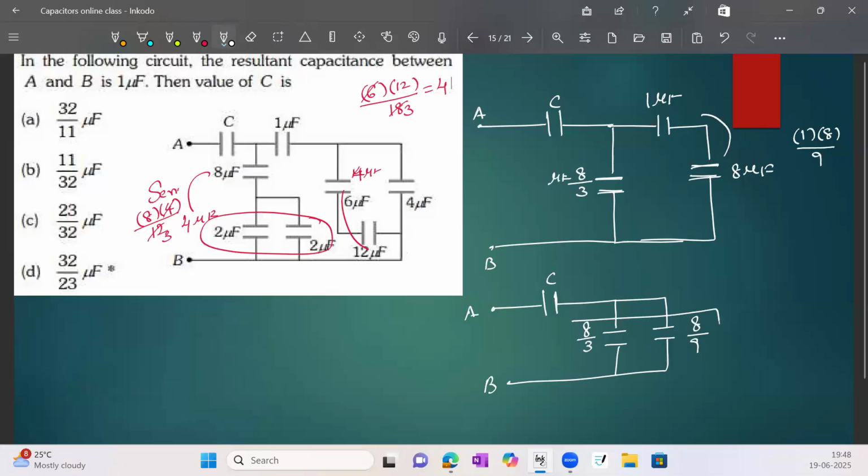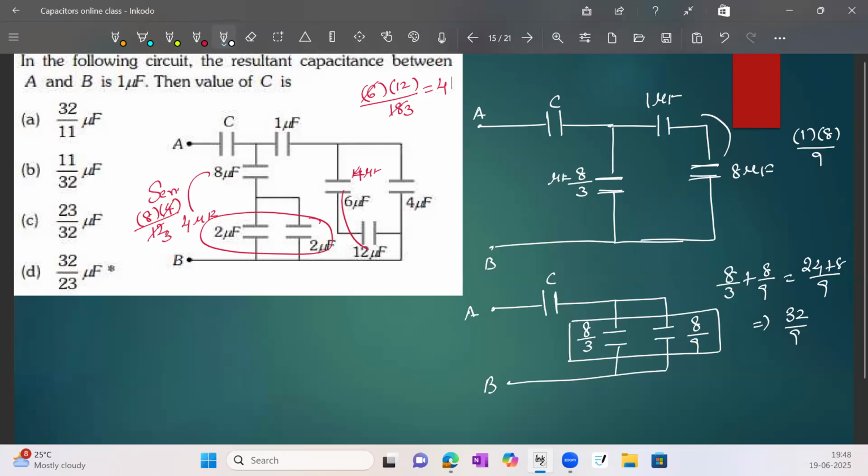Now these two are connecting in parallel. So 8 by 3 plus 8 by 9, LCM 9, 3 8s are 24 plus 8, it becomes 32 by 9.